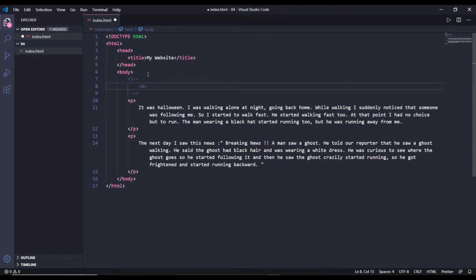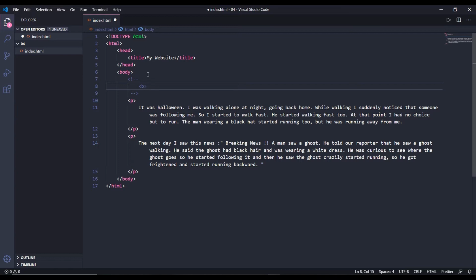Now next is the strong tag. Strong tags are used for urgent, important text. If you're saying something very important, something very urgent, and you want immediate attention on that word, you use the strong tag. Also, your browser knows what a certain word in your paragraph is seeking attention for.